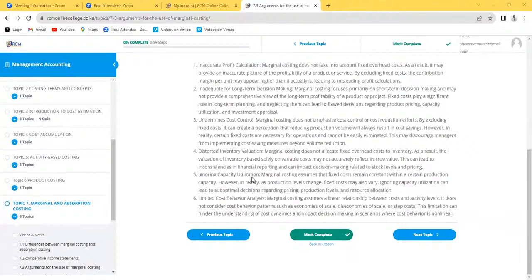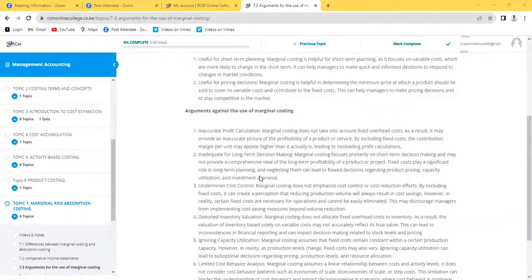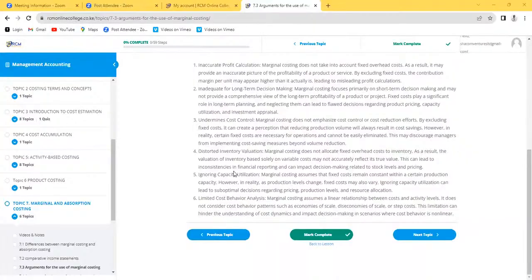Ignoring capacity utilization. It does not consider whether the company has got excess capacity, which can be used in other activities. So here they are trying to explain that marginal costing assumes that fixed costs remain constant within a certain production capacity.